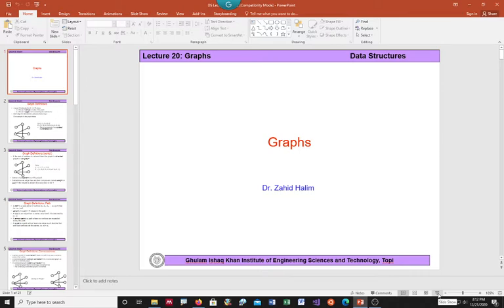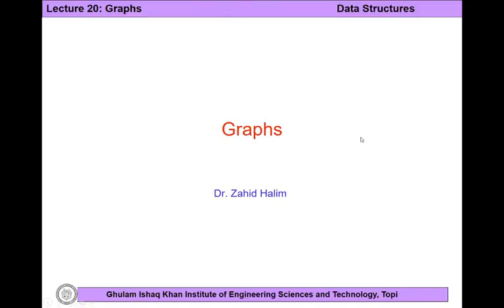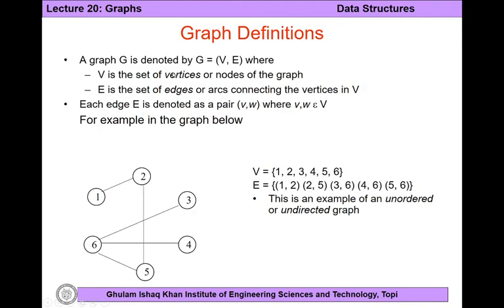So graph, like linked list, like arrays, like so many other things, is also a data structure which is used to store information of a particular type. For example, the graph has certain items known as nodes.